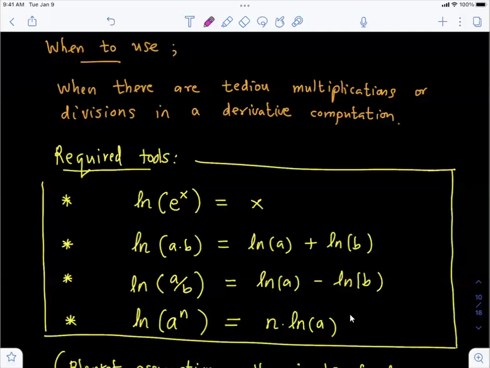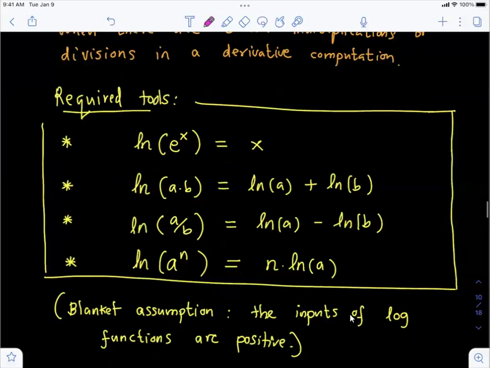So all of these last three properties would be valid for any logarithm function. However, the first one is tailored for the natural logarithmic function in particular. And in calculus, we will pay attention only to the natural log function other than working with any other base. And that would be sufficient. In upcoming conversations, I will show you why we do not need to look at other bases.